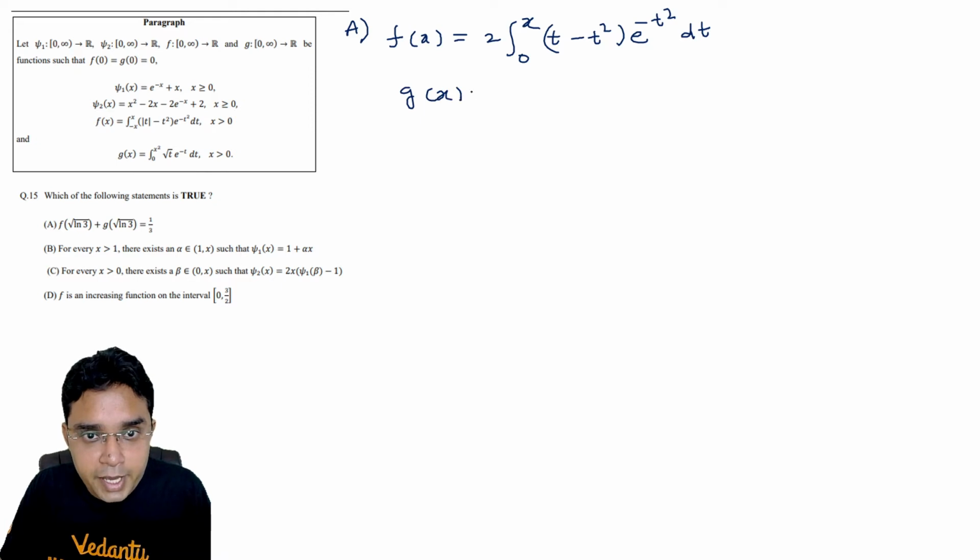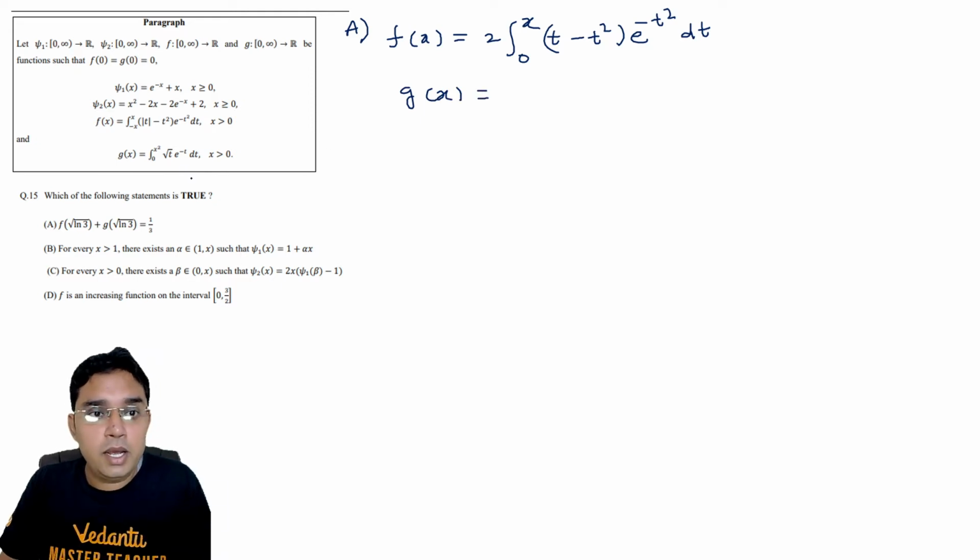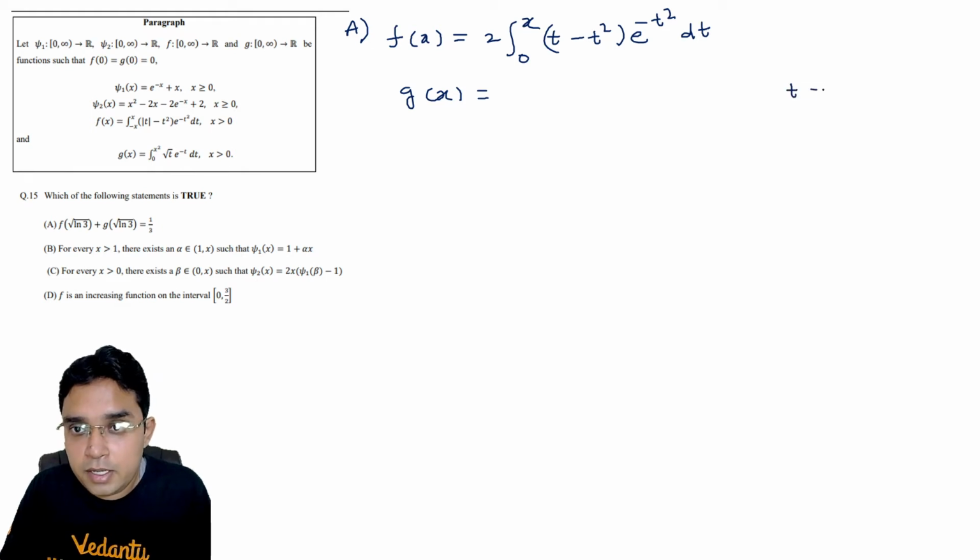Similarly, g(x) is given as integral 0 to x square of root t times e power minus t dt. Now if I write t as u square, you can see this will become 0 to x of 2u square e power minus u square du.